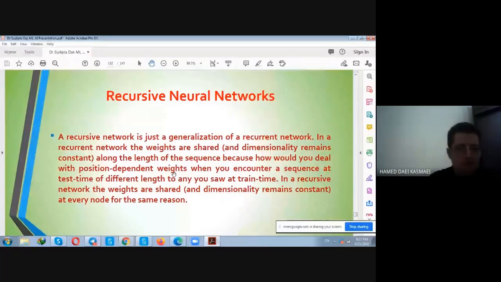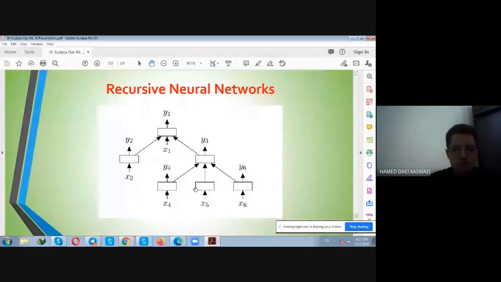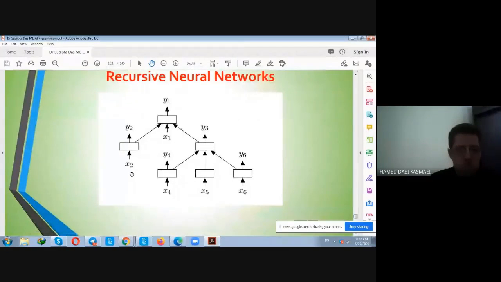In a recursive network, the weights are shared and the dimensionality remains constant at every node for the same reason, okay? So you will see here the recursive neural networks. You will see x2, y2, x1, y1, x3, y3, x4, y4, x6, y6.